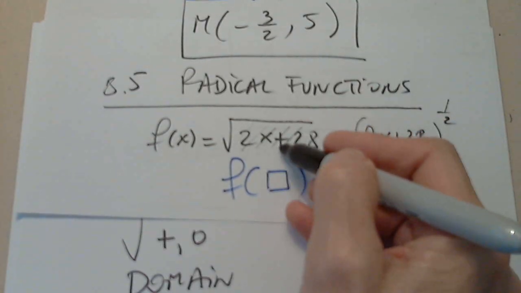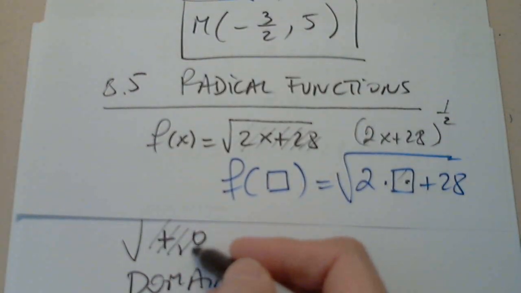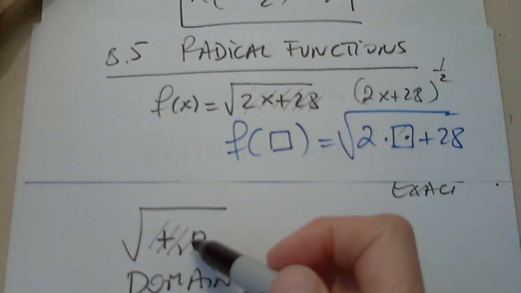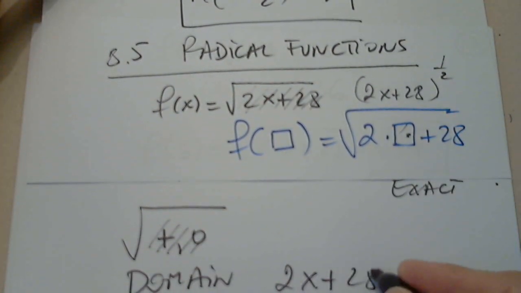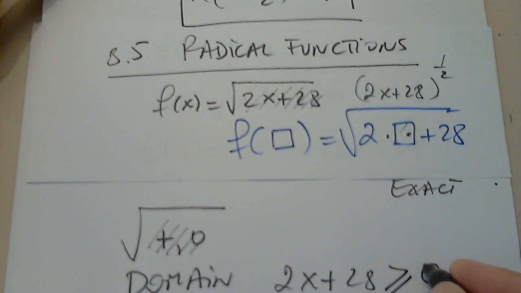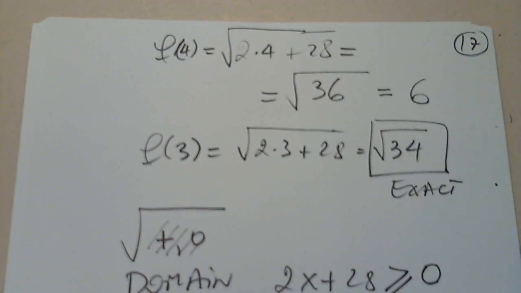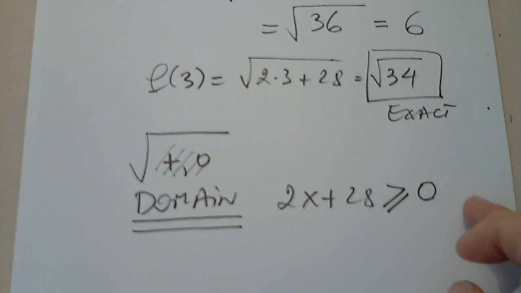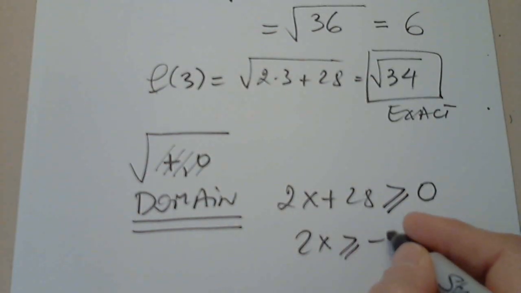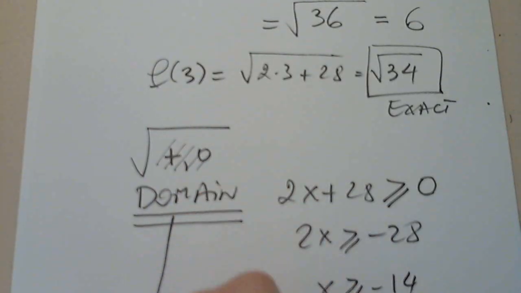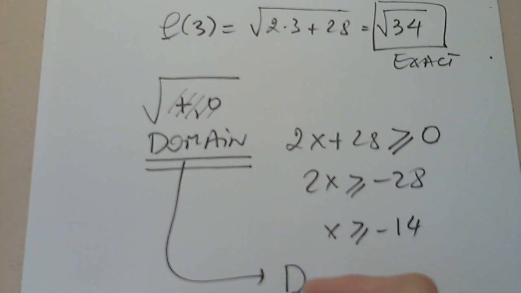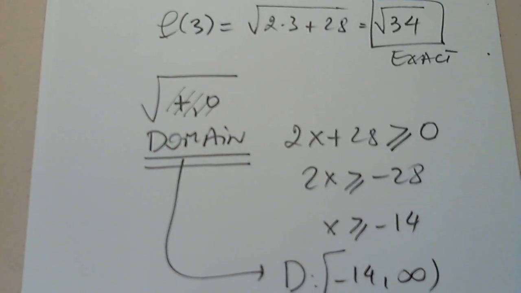I have to make sure that this quantity under the square root is greater than or equal to 0. I move 28 to the other side. I divide by 2. So the domain of this function is from negative 14 to infinity.